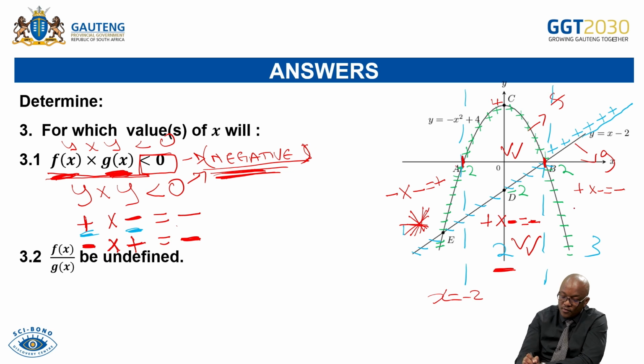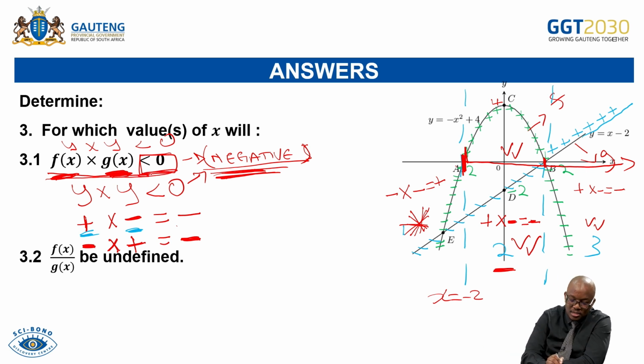So, also that third interval is correct. So, basically, we can say from negative 2 going to your positive x infinity, all those values of x satisfy the condition that we are looking for.